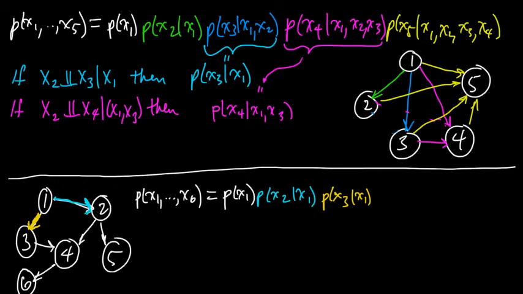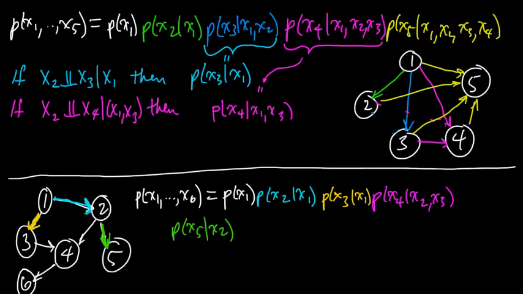And then 4: 2 and 3 point to 4, so we have the probability of x4 given x2 and x3. And then 5: 2 goes to 5, so the probability of x5 given x2.